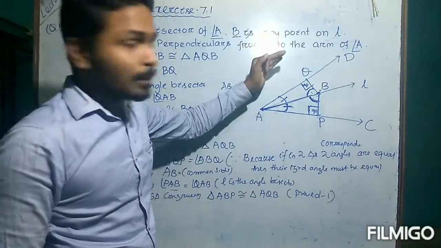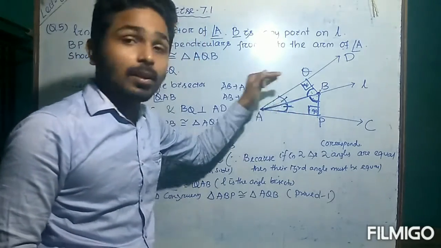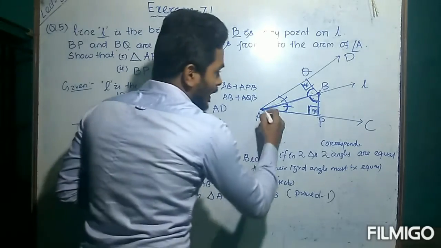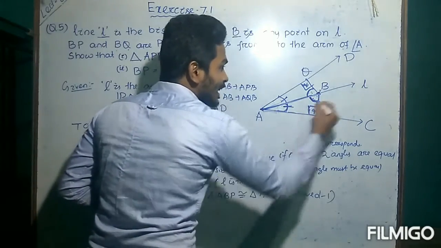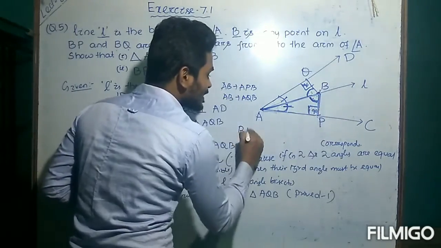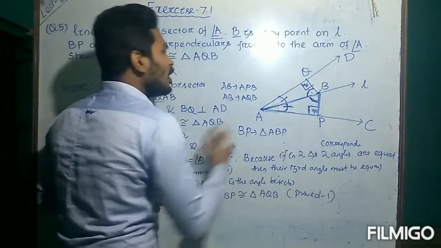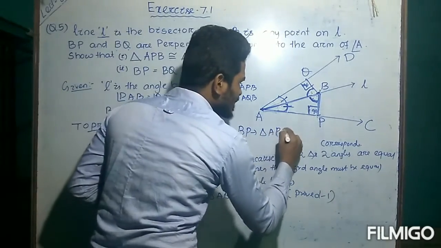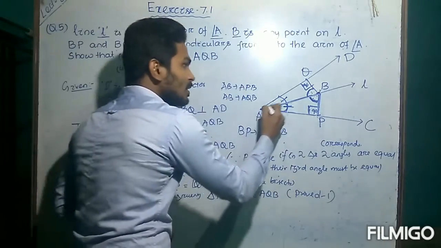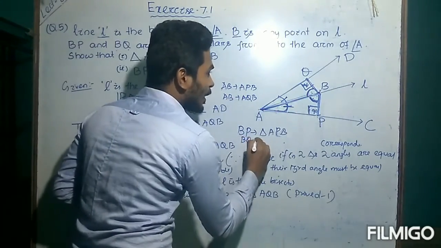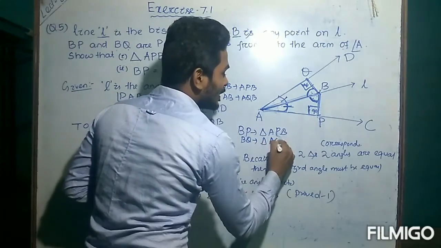now remember axiom 7.2. We know that if two triangles are congruent, then their sides must be equal. Right? So if we consider this triangle, then BP is a side of triangle ABP, or you can say APB, whichever you take. Similarly, if we consider this triangle, then BQ is a side of the triangle AQB. Yes or no?